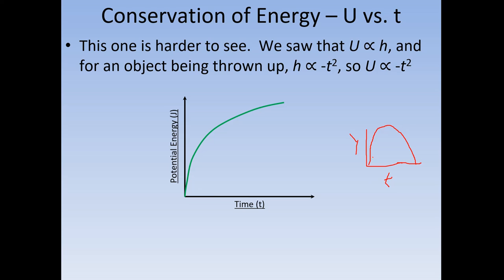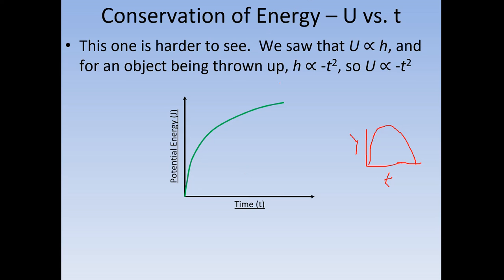It's got a vertical velocity going upwards, and it's got a negative acceleration going down. So the slope will slowly decrease to zero until the graph starts coming back down, and the slope starts increasing in the negative direction. Because the height and the time have this curved relationship, that means potential energy and time also have to have that same curved relationship.